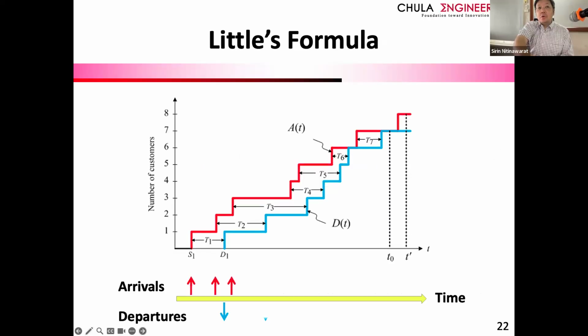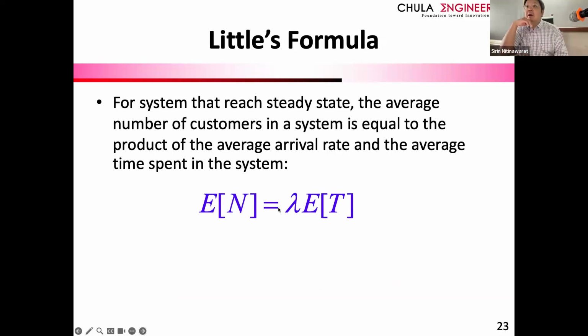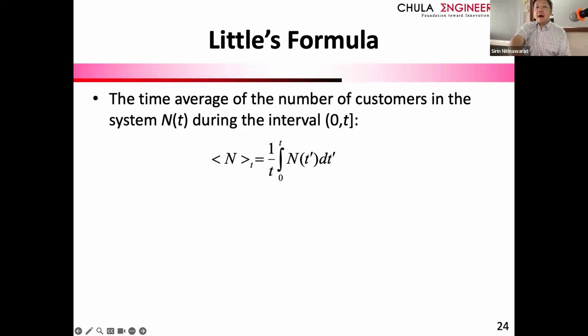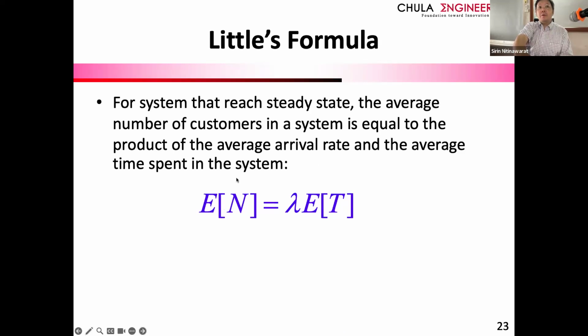And having told you the little formula in terms of the average number of customers in the system and the average time each customer spends in the system, what do you think if we want to derive the little formula? Don't believe everything I say. I told you little formula, but now I have to convince you. If I want to prove little formula, what should be the proxy of the left-hand side? If I want to compute this average, how could I start?